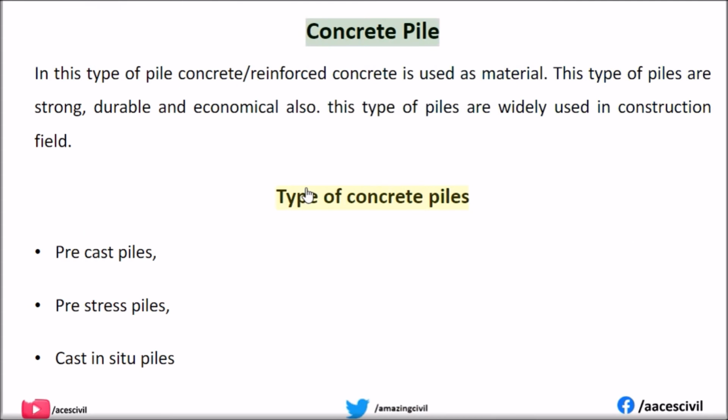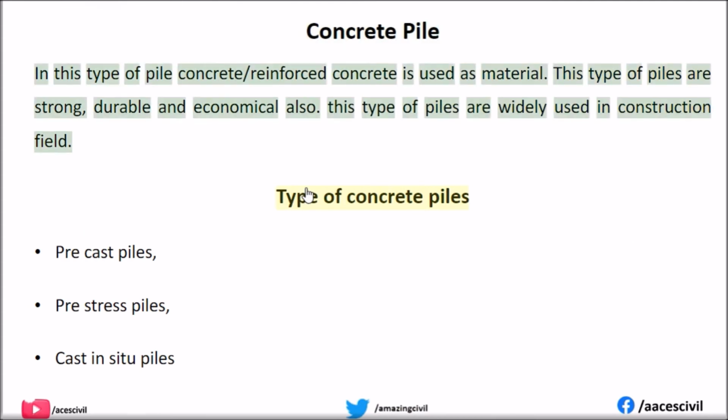Concrete pile. In this type of pile, reinforced concrete is used as material. This type of pile is strong, durable, and economical also. This type of pile is widely used in construction field.